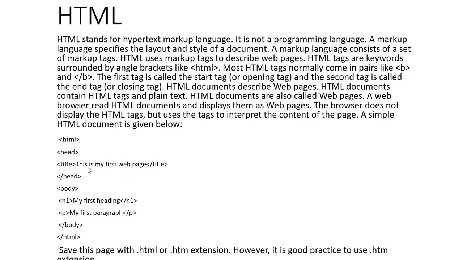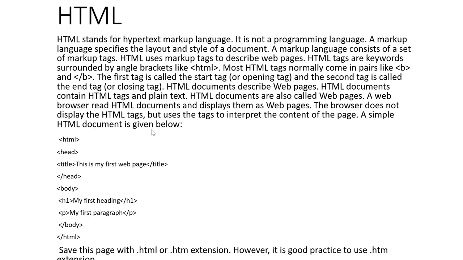It only shows this is my first web page, this heading, this title. But it uses the tag to interpret the content of the page, meaning to interpret that this is a title. We use the title tag to interpret that "This is my first web page" is the title.